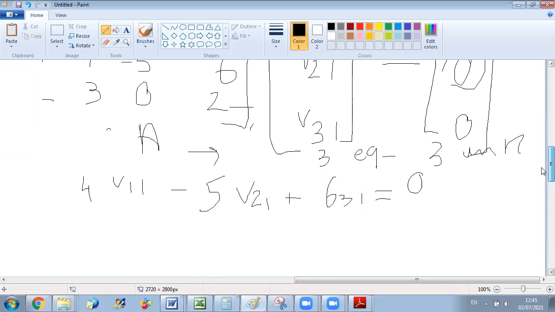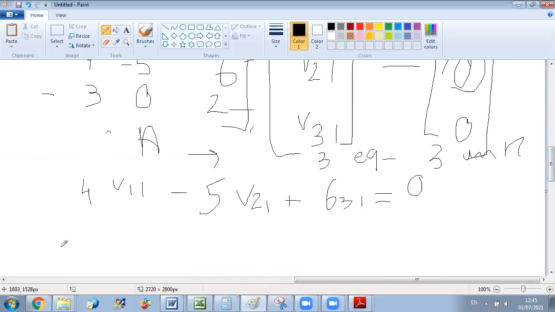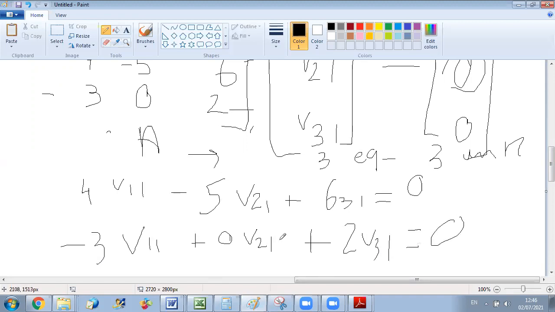Your third equation will be minus 3 V11 plus 0 V21 plus 2 V31 equals 0. In case you want to use this option, or if I tell you to use the calculator, you should write the system of 3 equations with 3 unknowns and then solve it.